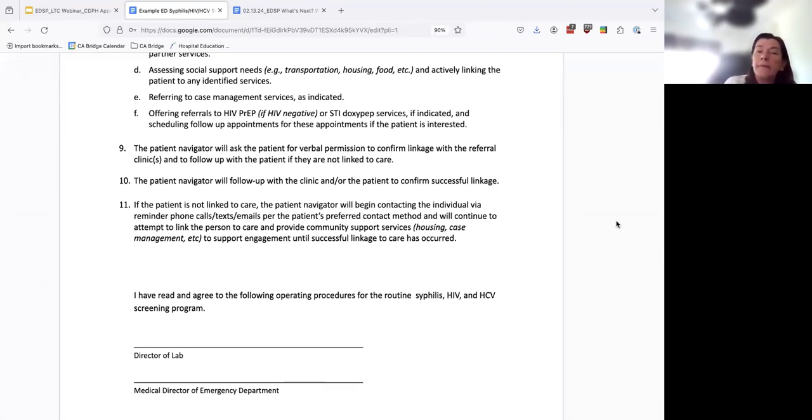And then the navigator should follow up and confirm with the clinic that the patient did in fact make it into care. And then if they didn't make it into care, then the navigator typically is responsible for initiating efforts to contact the patient to get them into care.